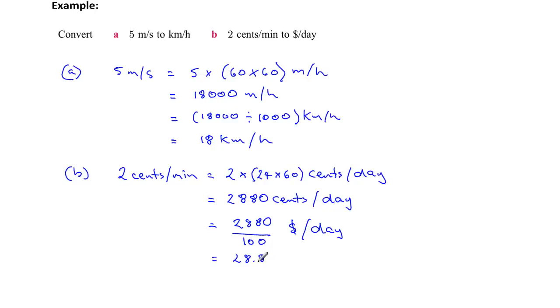But remember, in writing it out properly, we need to put our units in, $28.80 per day. Or we could write it as $28.8 per day, and that would be acceptable, but that's actually probably a better way to visualize it when we look at the answer.